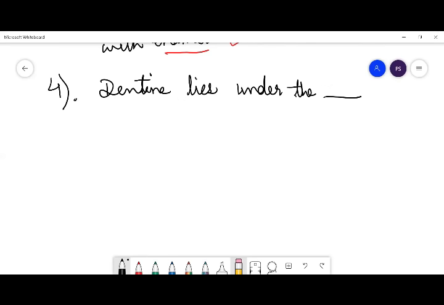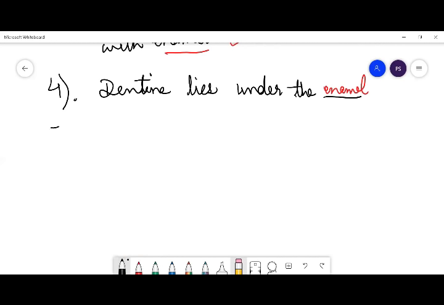Now again remember the parts of a tooth. Where you have studied parts of a tooth, dentine lies where? So it lies under what? I hope you remember. It is enamel. It lies under the enamel.